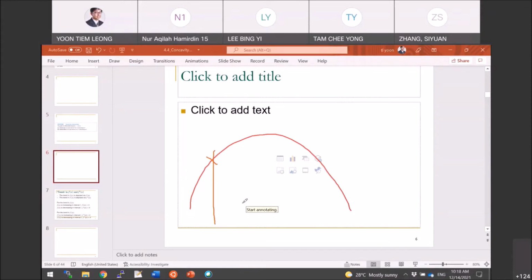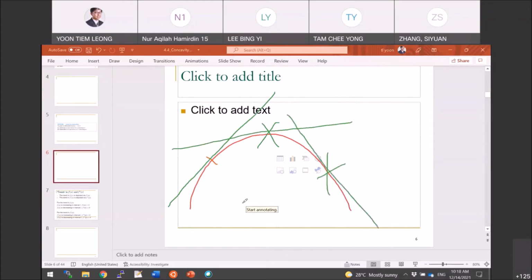You monitor the slope at a point x1, then at another point x2, and then at another point x3.